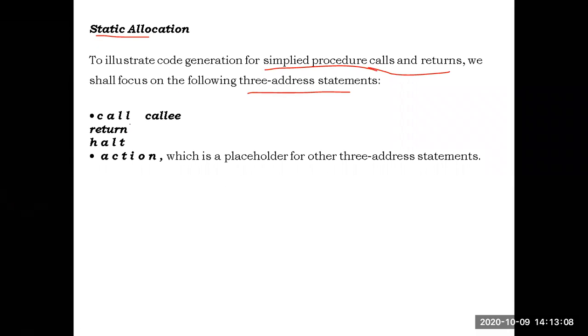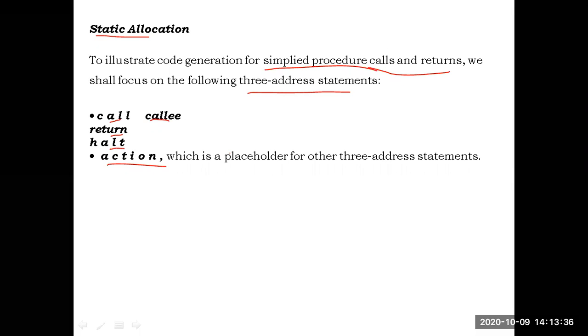Here we are taking sample 3 address code statements. The simplified code we are taking is call, callee, return, halt, action. Generally we have an idea when we come to functions: we have 2 types, calling function and called function.